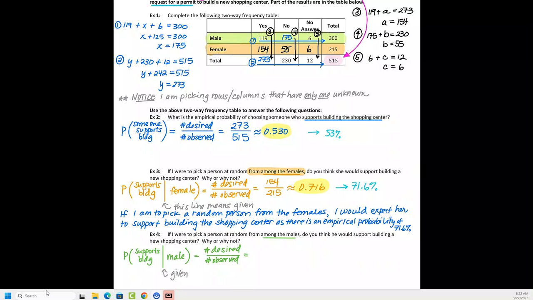So just from that row, how many of the males would say yes? Yeah, it's the 119 right there. Divided by, and then what's my number observed? Yeah, remember we're just limited to that view now, just looking only at that row, so it's 300.